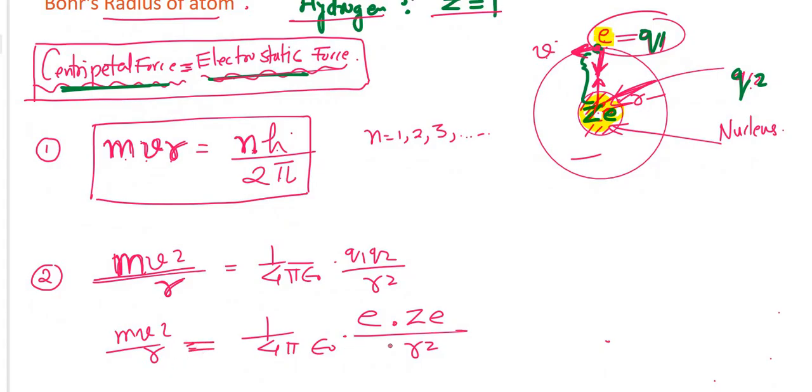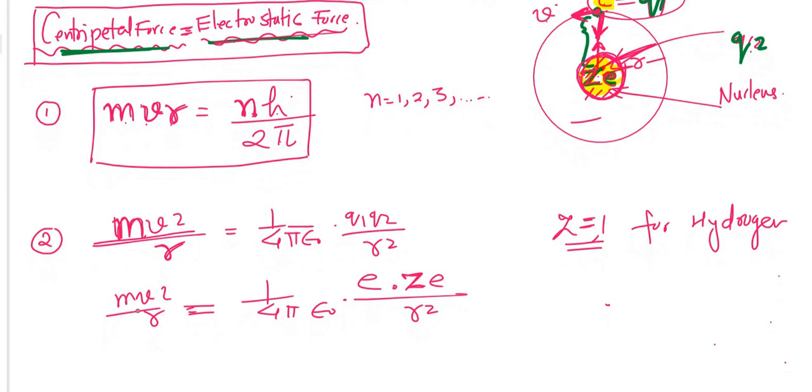In this equation, if we see carefully, the formula is using Z. And he did all the calculations for hydrogen atom. What is Z here? Z is the atomic number of the atom, so Ze is the total charge present in the nucleus. For hydrogen, he took Z is equal to 1.